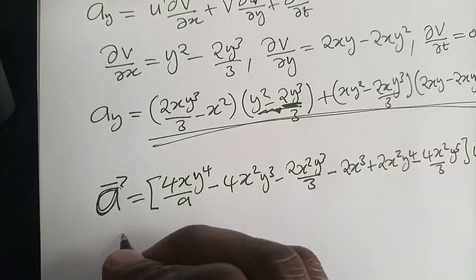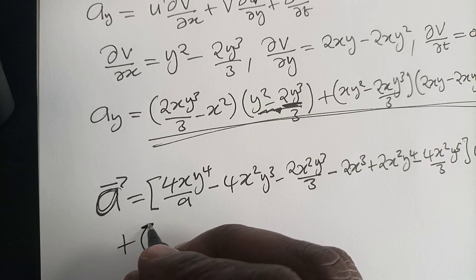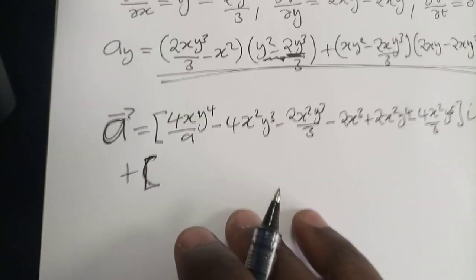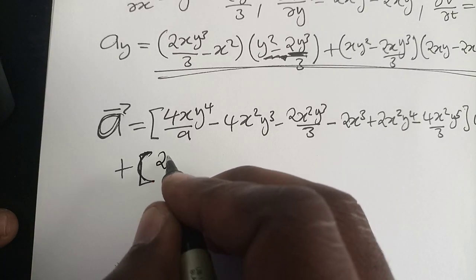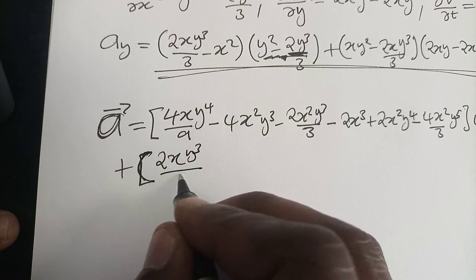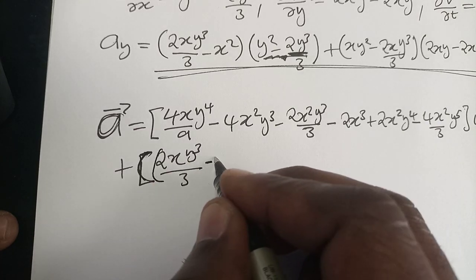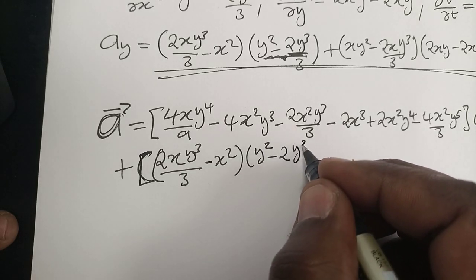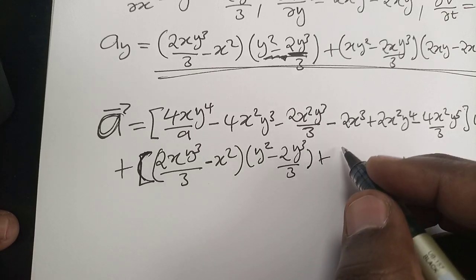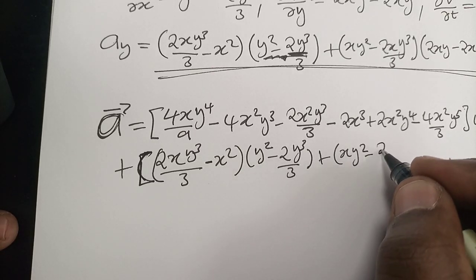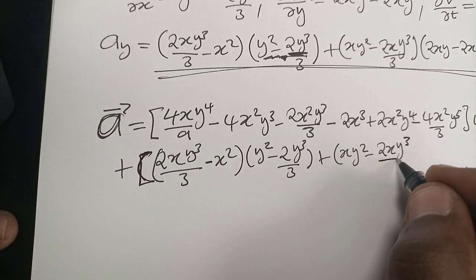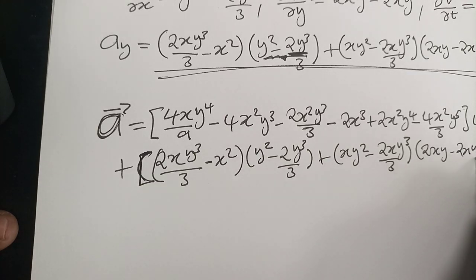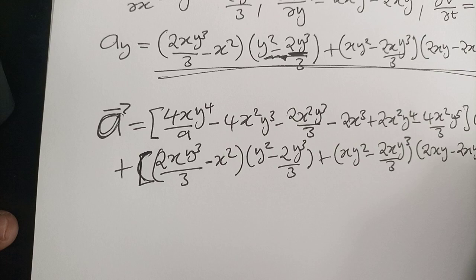Then this is i, plus, then here we're going to have, let me write this bracket, 2xy^3 over 3 minus x squared, times y squared minus 2y^3 over 3, plus xy squared minus 2xy cubed over 3, times 2xy minus 2xy squared, and everything is j.